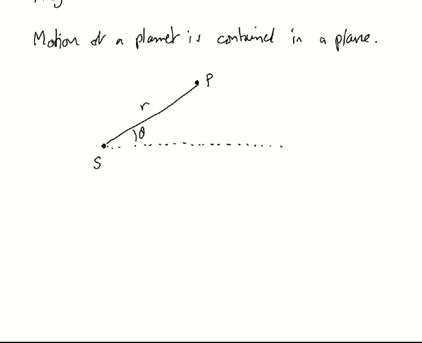Now, as I say, angular momentum is conserved. Angular momentum is directed perpendicular to the plane, so we don't have to worry about it. But it has magnitude. I'm going to call it mu, but it's constant and it's given by r squared theta dot.